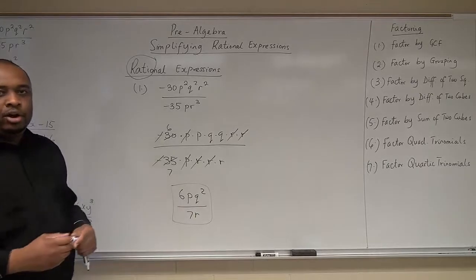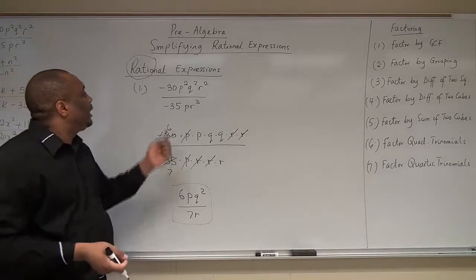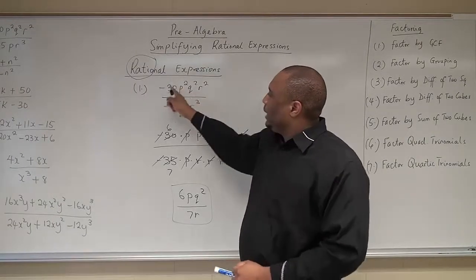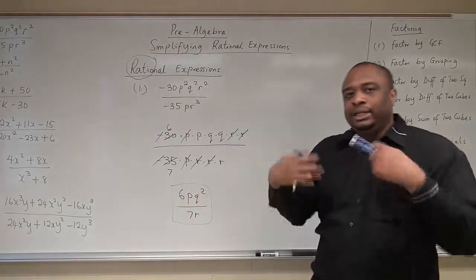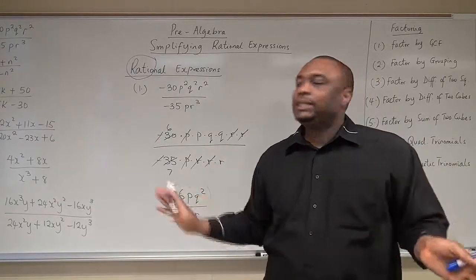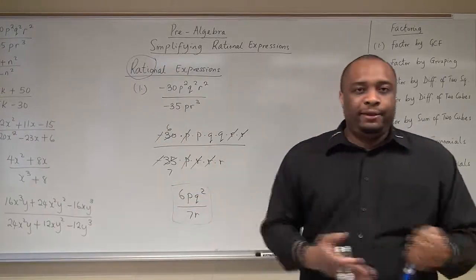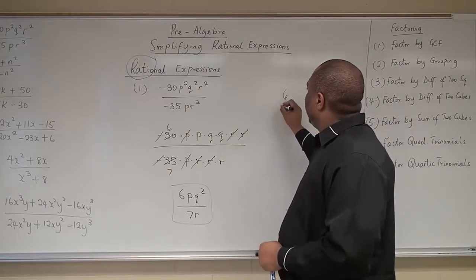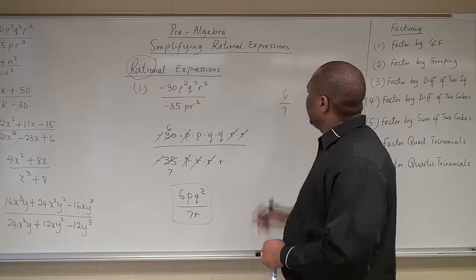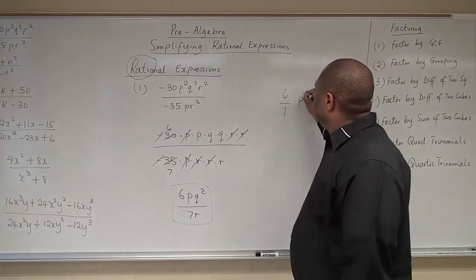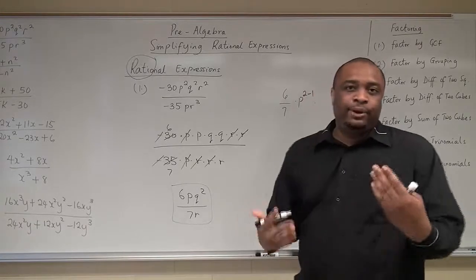But this is the long way. Some folks will do the signs first: negative divided by negative is positive. Then 30 and 35: 5 into 30 is 6, and 5 into 35 is 7. Times p to the 2 minus 1, from the law of exponents.